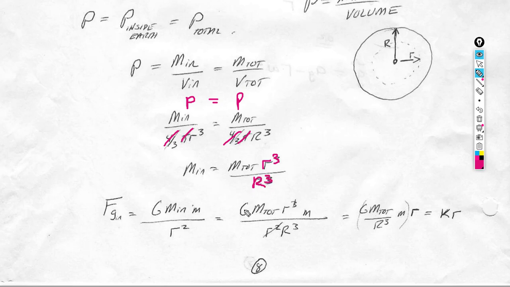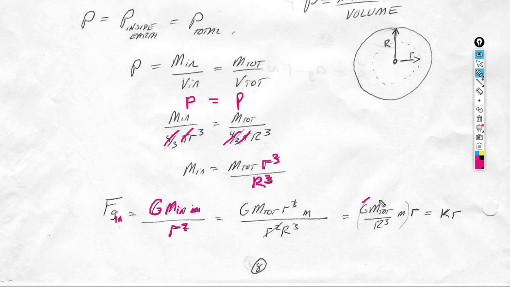And so what happens? Well, let's go back and plug this in. If I want to know the force of gravity inside of the Earth at any one point, it's just G times the mass inside of the Earth, little m, over r squared. I plug in the mass inside using this relationship, and then the r's reduce down, and you get a constant.